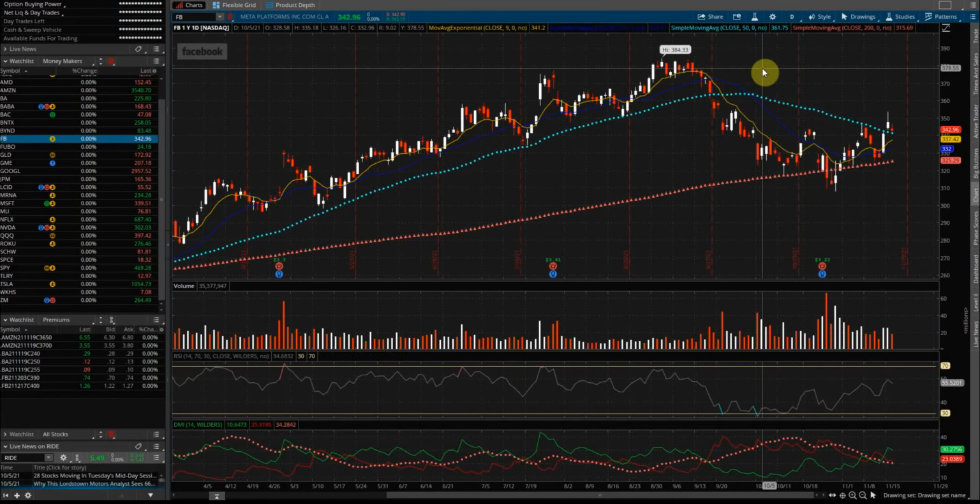So on each time frame, moving averages have different levels of significance. On the daily, the 200 SMA is extremely crucial for the long-term trend, and the 50 SMA is really important, but not as important as the 200 SMA. And the 9 and the 21, that's just the short-term trend.